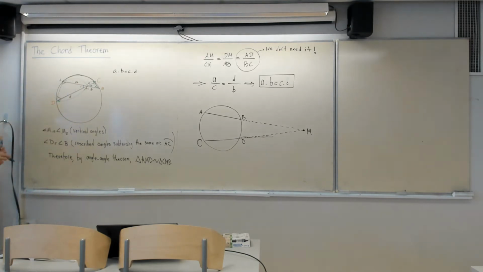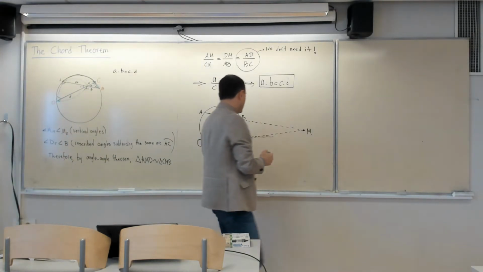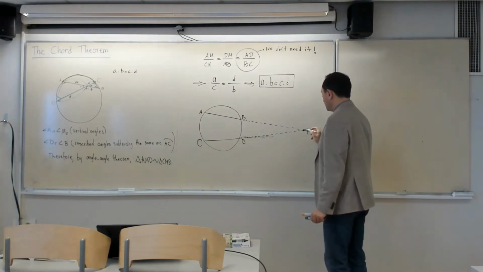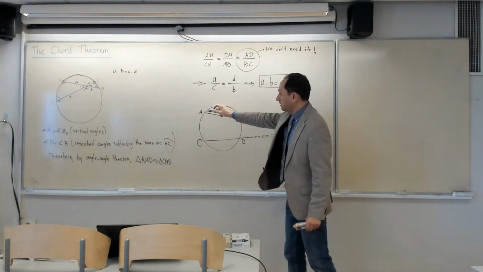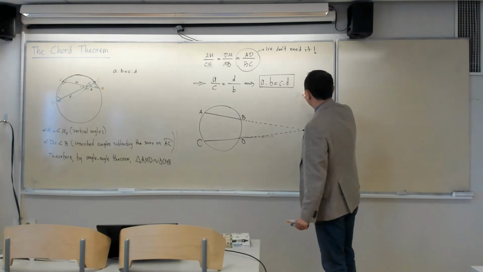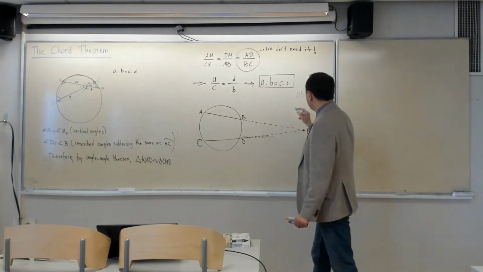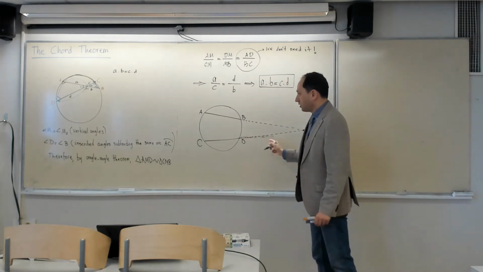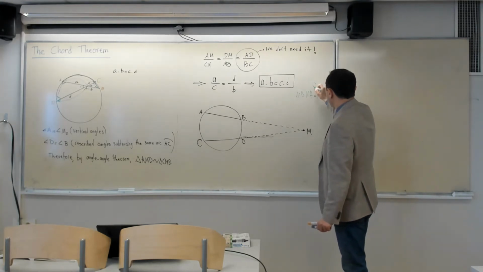But if this happens, this is not as nice as this one, but still there is a relation. So what you can write is MB times MA is equal to MD times MC. This is what we want to show.